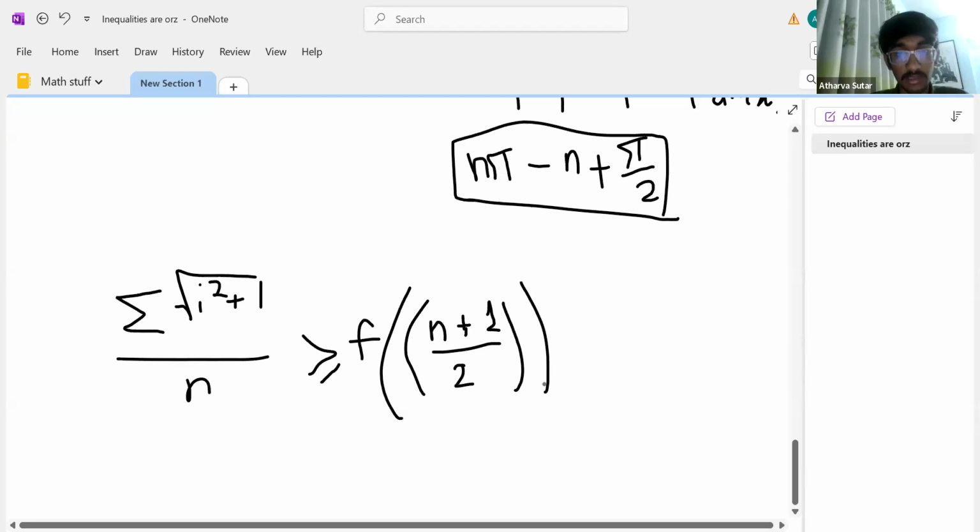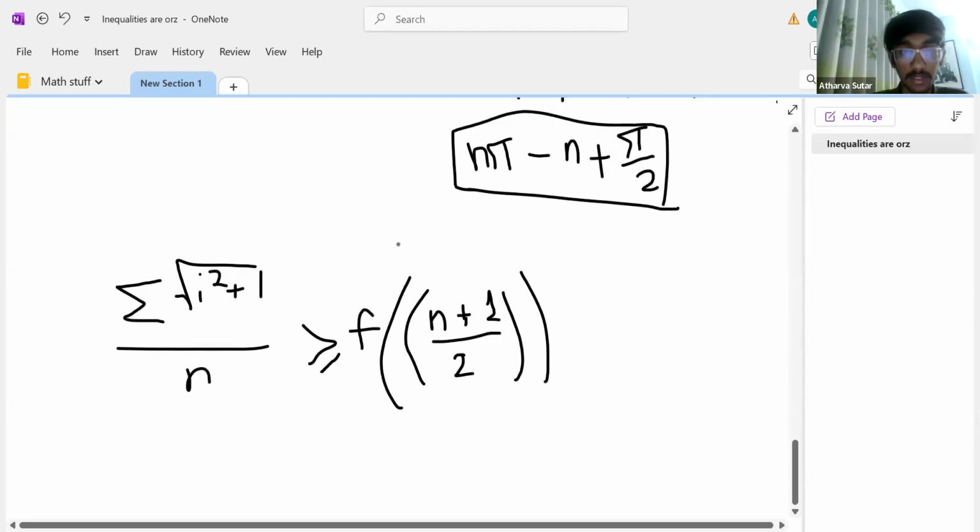As we had seen earlier, the function we had defined is f of x equals root of x squared plus 1.